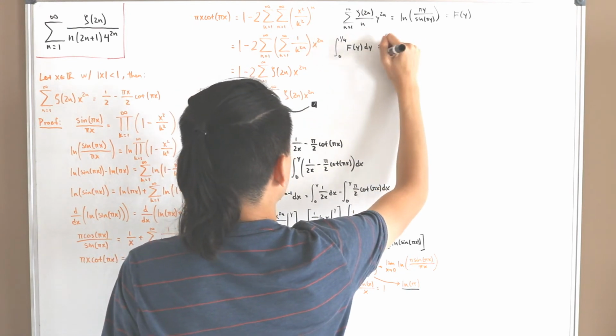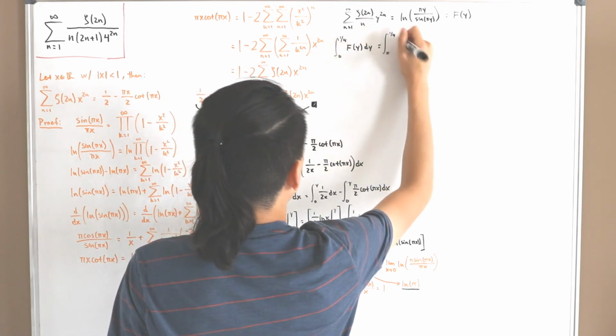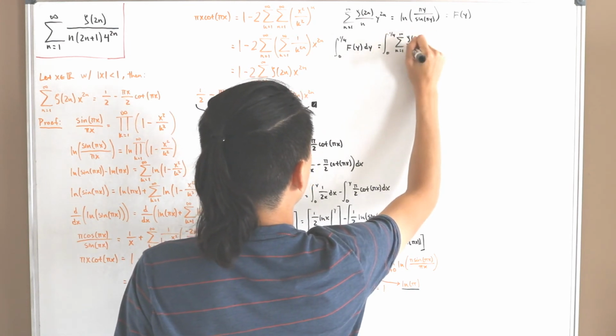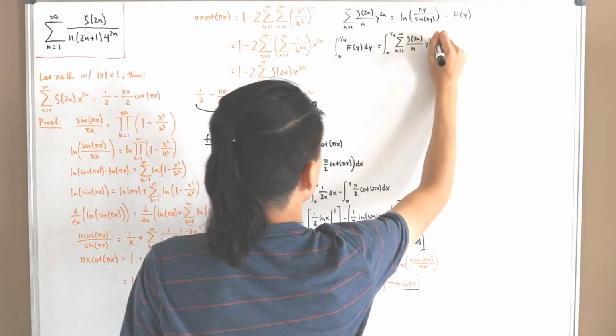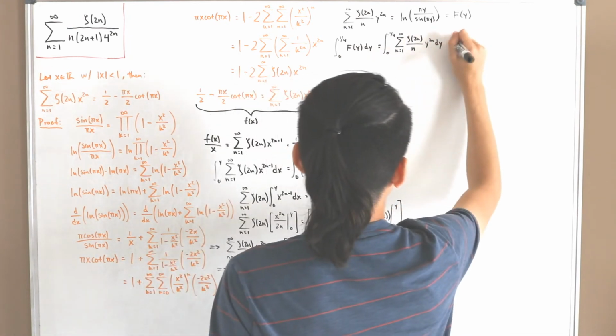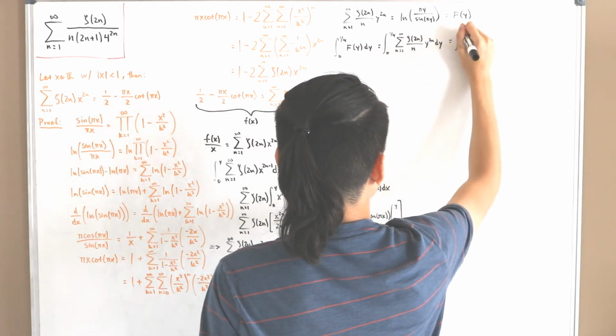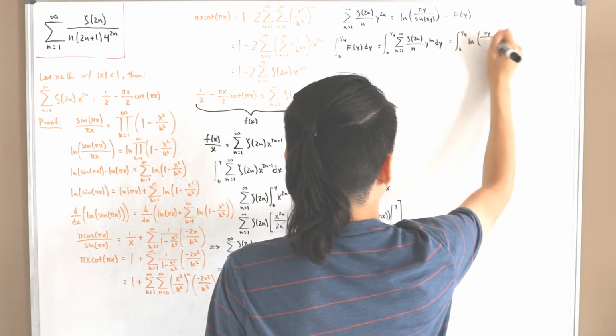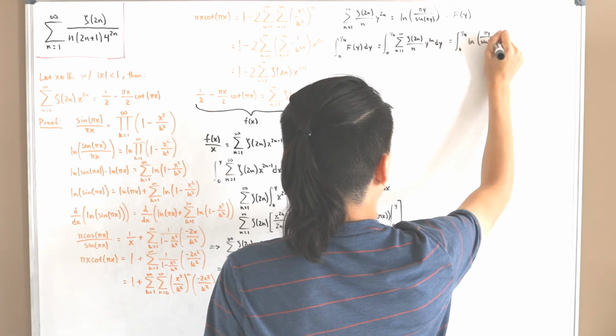So we integrate from 0 to 1/4 the sum from n equals 1 of Riemann zeta of 2n divided by n, y to the 2n dy, which equals the integral from 0 to 1/4 of the natural log of pi y divided by sine of pi y.